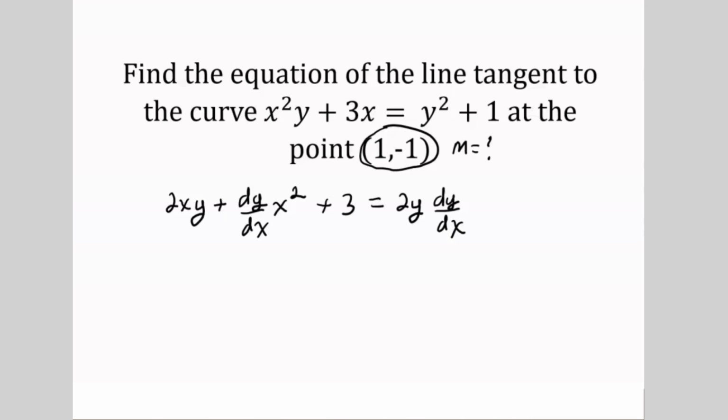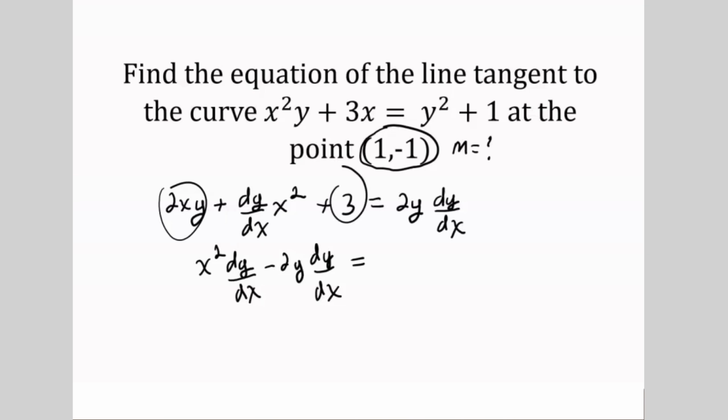So what we want to do is get all the dy/dx terms on the same side, and all the terms without the dy/dx on the other side. That means I have to bring the 2y dy/dx over to the left to start. So I'm going to get, let's rewrite this as x squared dy/dx minus 2y dy/dx is equal to, and then I need to bring this over and this over to the other side.